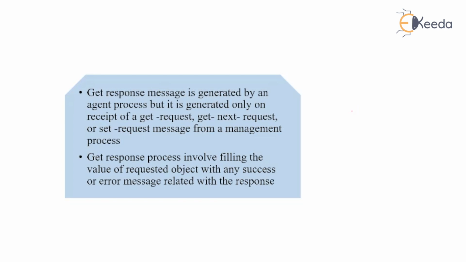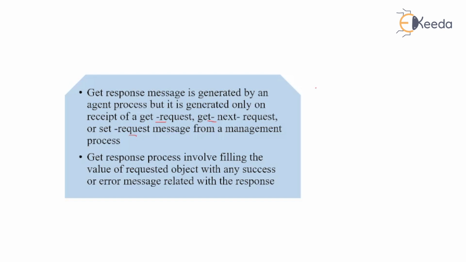After that, get response and traps. These are the two events which are generated by the agent process. So what does get response mean? The get response message is generated by an agent process only on the receipt of a get request, get next request or set request.